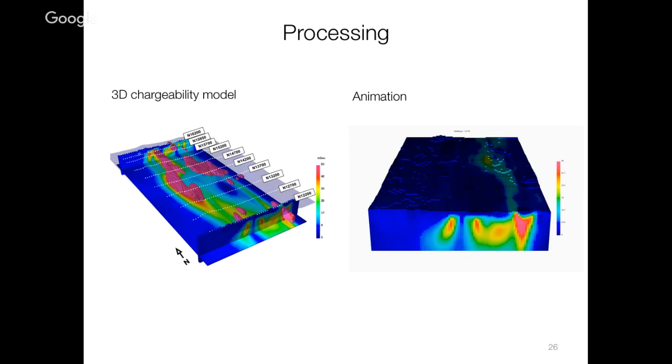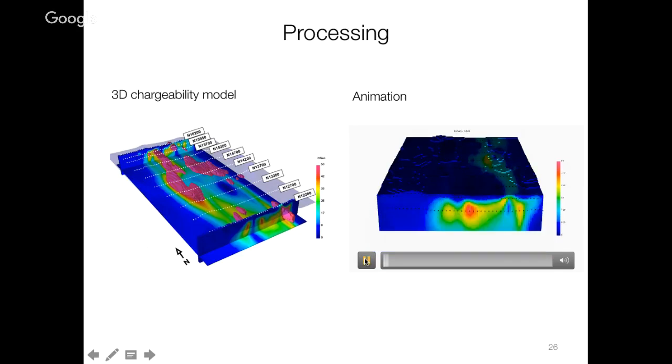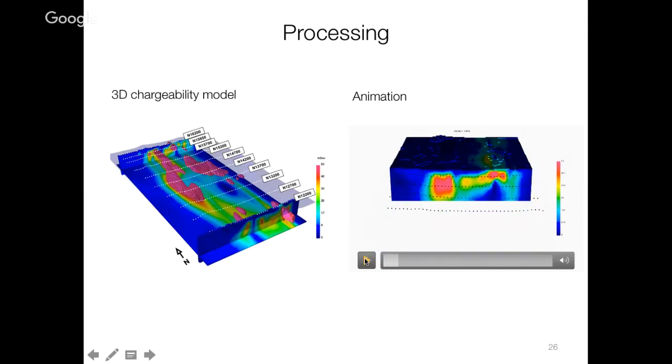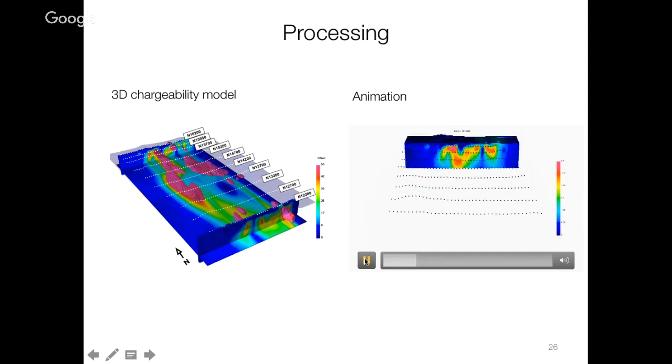This is chargeability. And we're going to do the same thing. We're going to slice in, and we're going to slice down, and we're going to rotate around with different systems. So notice that big red stuff on the side.